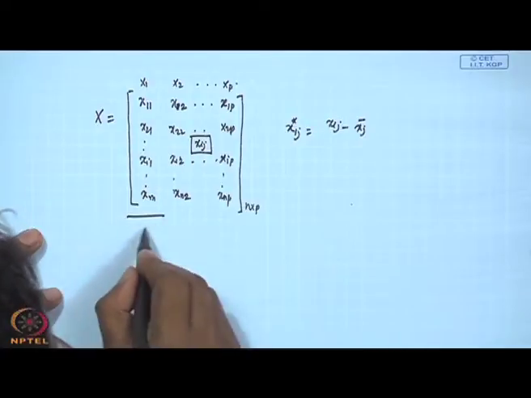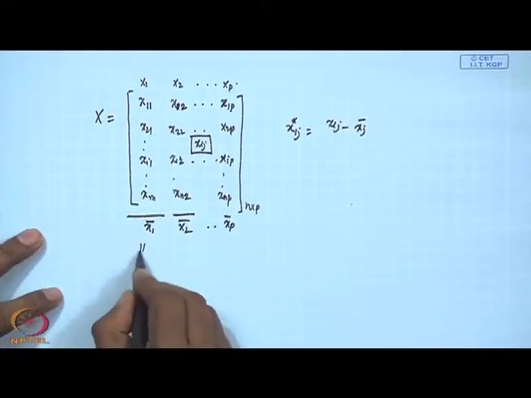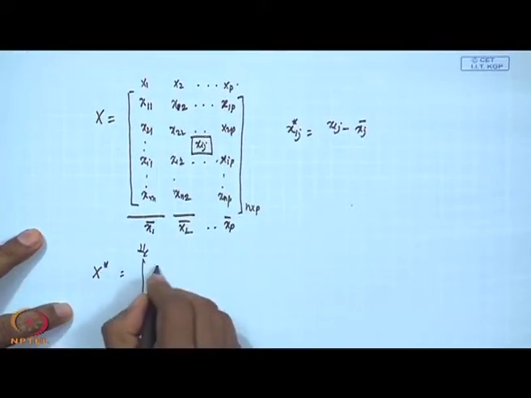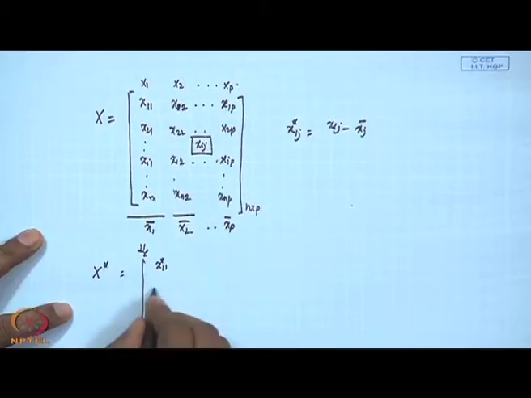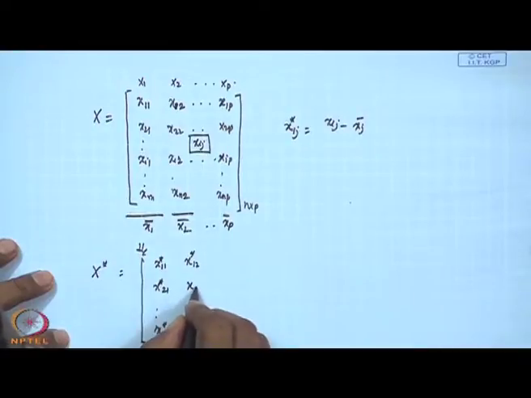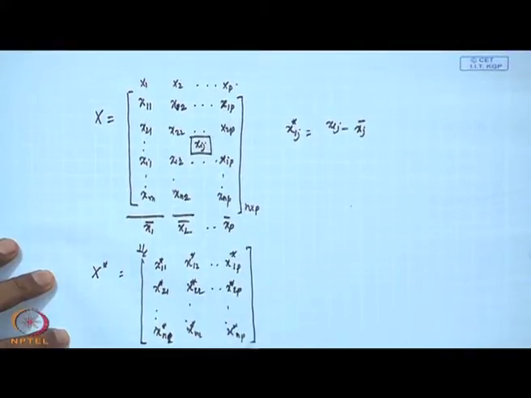For example, for the first variable you subtract x_1 bar, for the second x_2 bar, like this x_p bar, then you will create another matrix which we denote X star. It is x star_11, x star_21, like this x star_n1, then x star_12, x star_22, like this x star_n2, and x star_1p, x star_2p, like this x star_np.